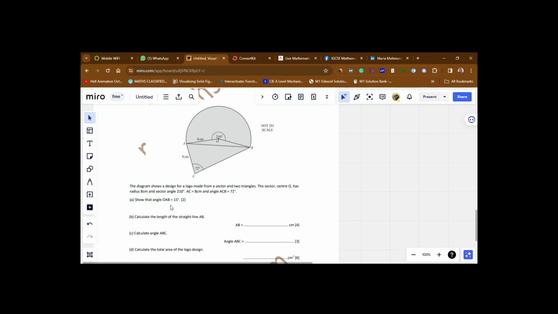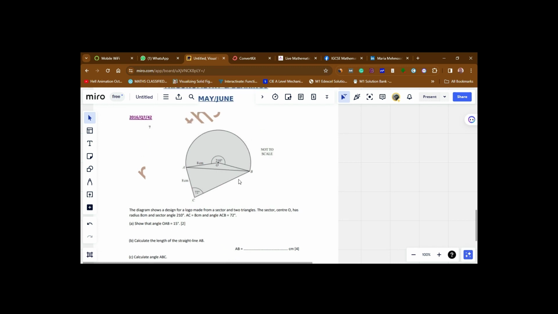Now in part A, and let me just remind, this is the 2016 paper 4-2 question number 7. We're going to open the marking scheme as well so that we can tally the answer from there.